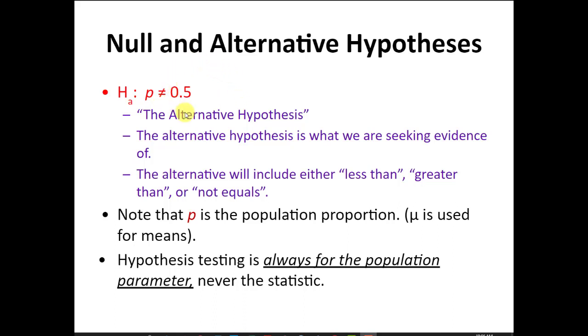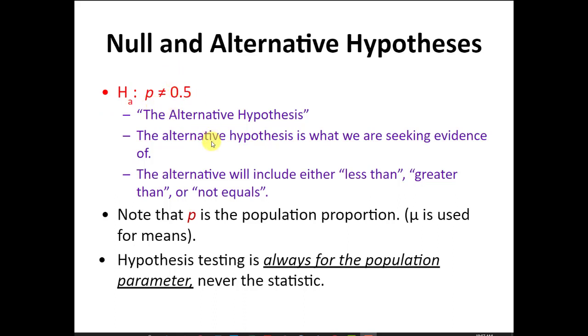And then it will have the same value, the same proportion or the same mean as what was stated in the null hypothesis. The alternative hypothesis is trying to seek evidence to answer your question. So if your question is whether the proportion is greater than the null, then this symbol would be a greater than sign.